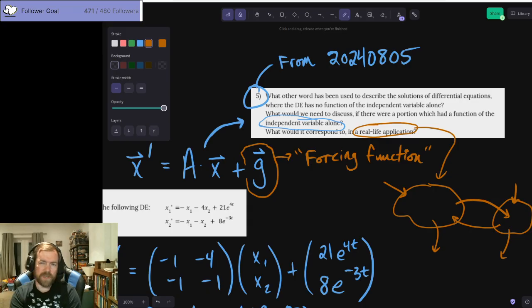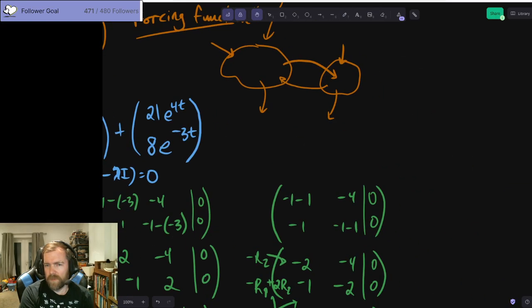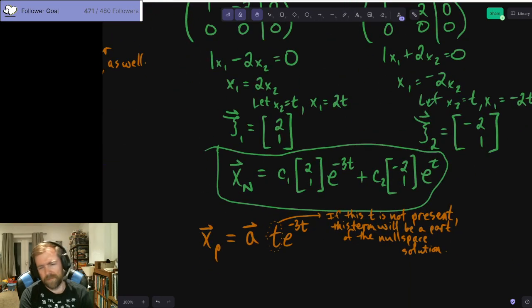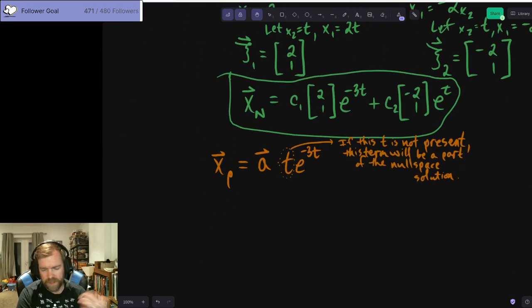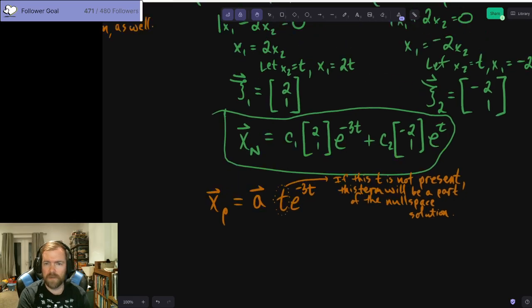So in this case, if we're looking at a forcing function, this is going to be the amount of pollutant that's coming into the system by itself, or out of the system by itself, depending on how exactly we're looking at it. Might be a little convoluted for this particular one, but once we get into spring mass systems and second order differential equations, I think it'll make a lot more sense.